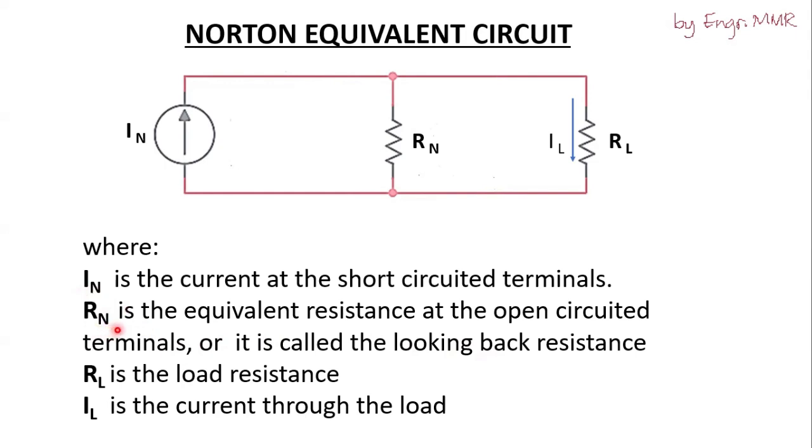So RN and RTH are just equal, and we have the same method in solving for the equivalent resistance. RL is the same, the load resistance, and IL is the current through the load.